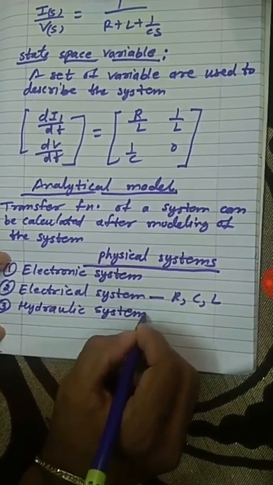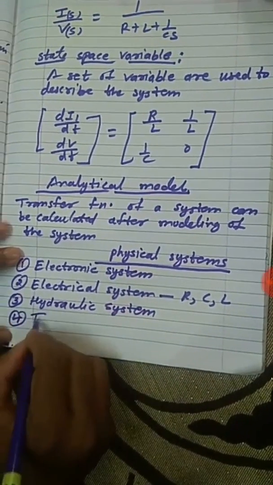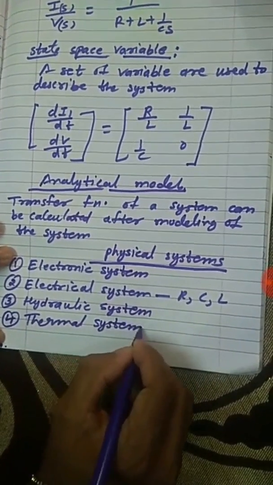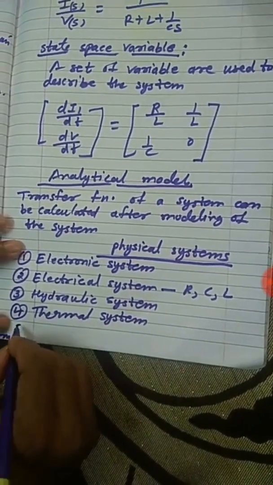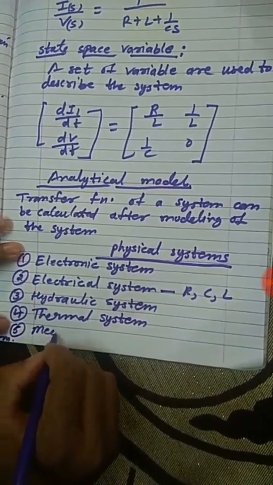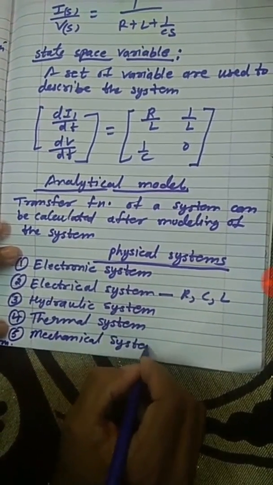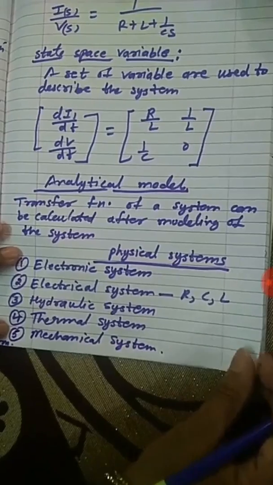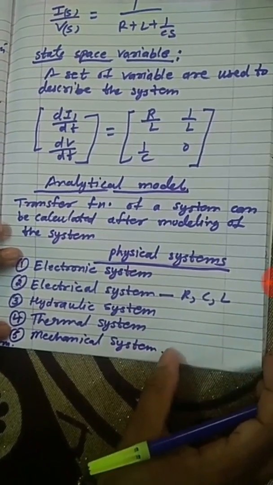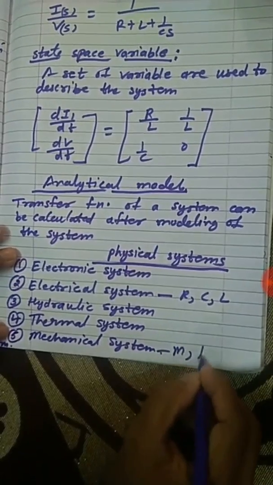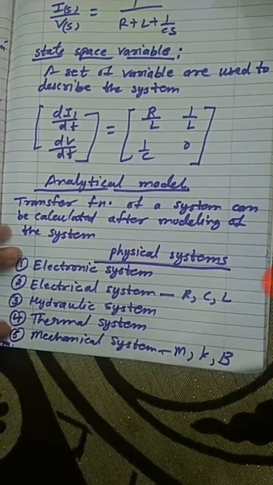Hydraulic system is related with water. Next is thermal system. Thermal system is related with temperature. Mechanical system. Mechanical system is related with mass, damping coefficient, springs, K, B. This is related with this.